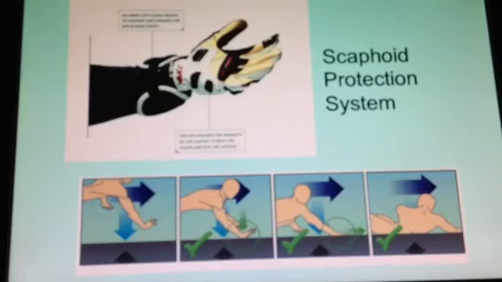SPS allows the hand to slide forward simultaneously with the wearer. As shown in this picture, the hand slides with the person instead of placing all of the body's weight on the hand.